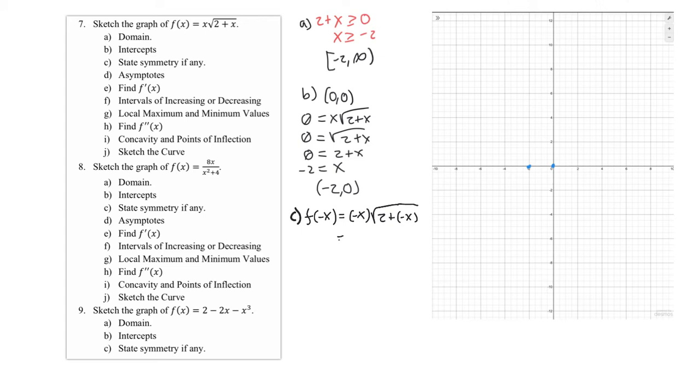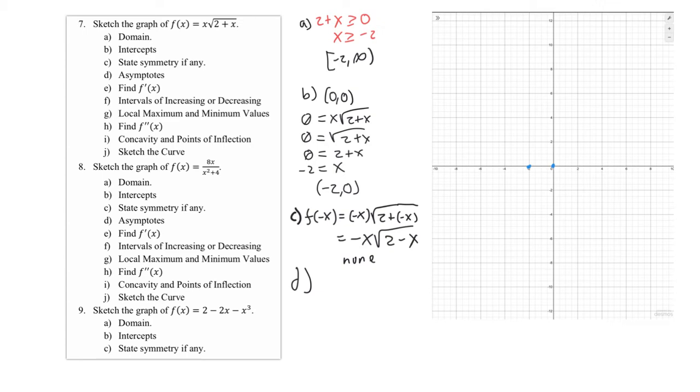That is not odd nor even, because it almost seems like it's going to be the negative version of the original function. But it's not the original function because it says minus in there as opposed to plus. Had this been a plus sign, then it would be an odd function, and in that case, it would have been symmetric about the origin, okay? So there's no symmetry.